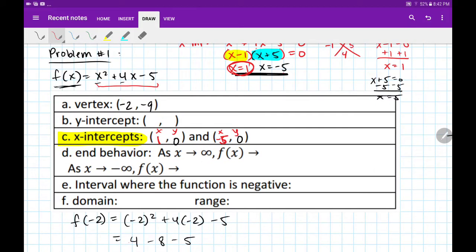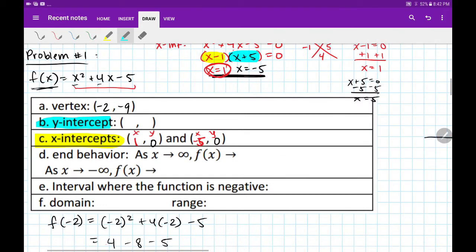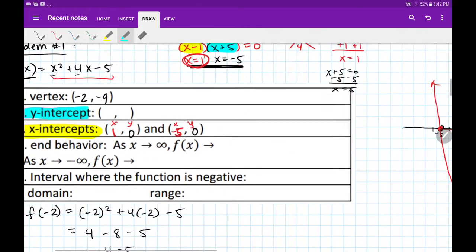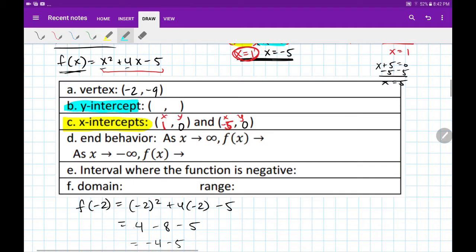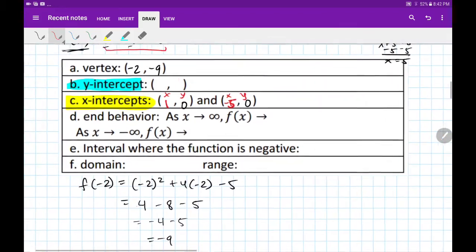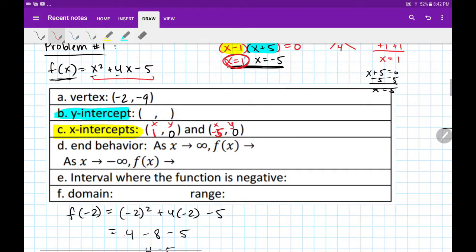Okay, so we need our y-intercept, and I kind of overlooked that right there. I connected these as a curve without really finding the y-intercept first. So let's go ahead and find it now and then adjust our curve if necessary. To find the y-intercept, we're always going to set x equal to 0. So I know x is 0 already, and now I just have to plug it in.